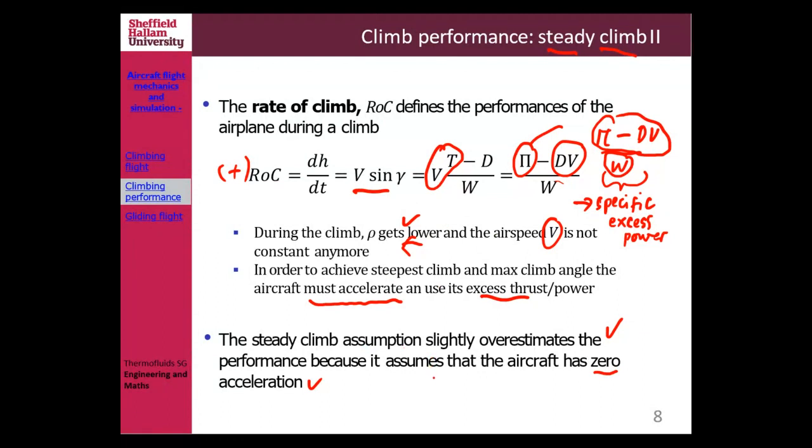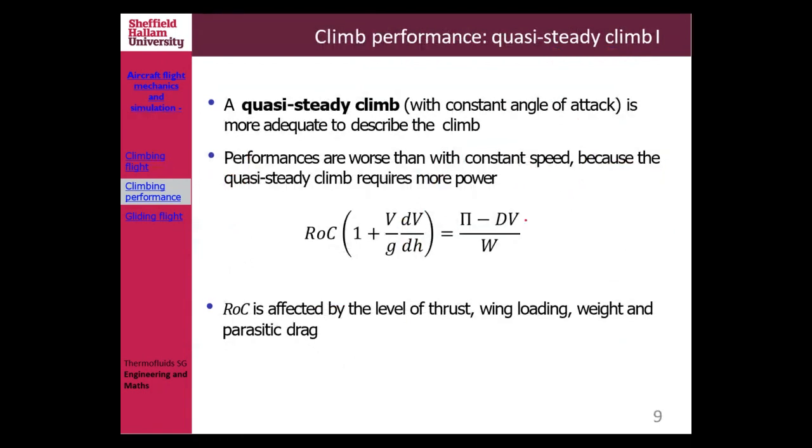Then comes the second mode of climb, which is what we call quasi-steady climb. Here, the quasi-steady climb uses the full equation of motion that we already derived early on. If I just write this here, sine gamma equals the sum of forces, which is T minus D minus m dV/dt, divided by W, right?